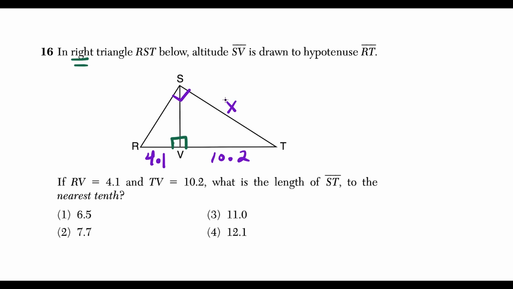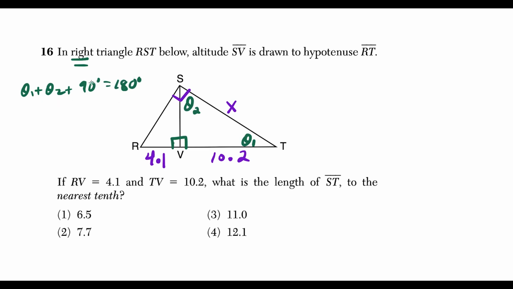Now, there's a few ways we could go forward with this, but the best thing you could do here is label the missing angles. What I like to do is use theta with the subscript of 1. So I have theta 1, and then over here theta with the subscript of 2, theta sub 2. And just know that theta 1 plus theta 2 plus 90 degrees equals 180 degrees.